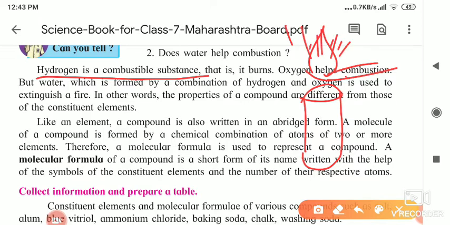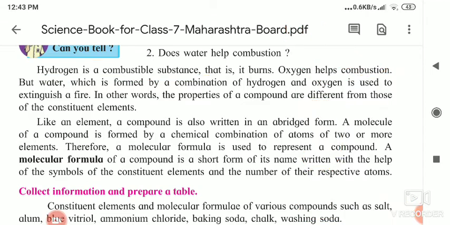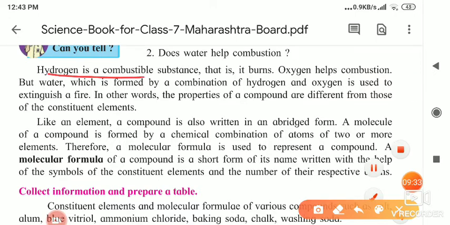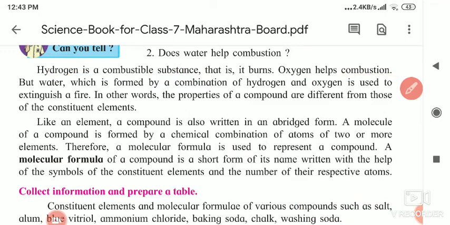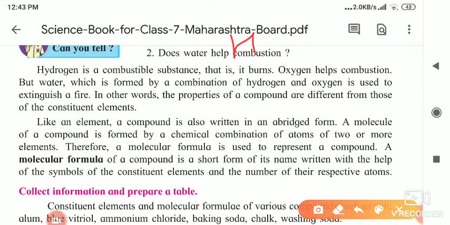Pop sound means like the small firecrackers in Diwali, it produces that type of sound. So hydrogen is combustible, means it burns itself, and oxygen helps for burning.